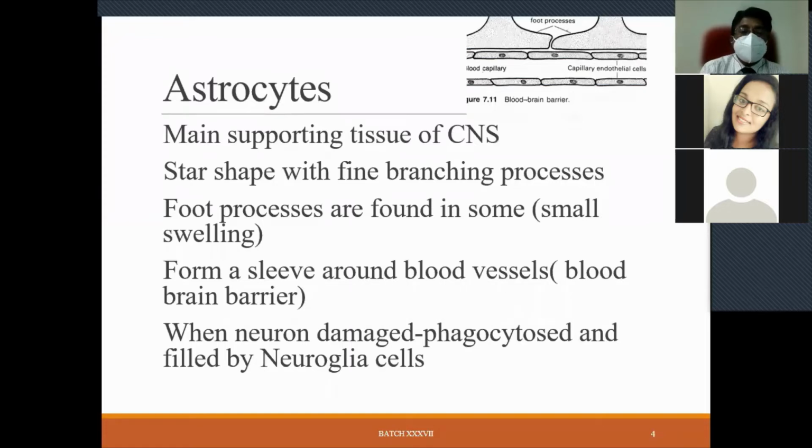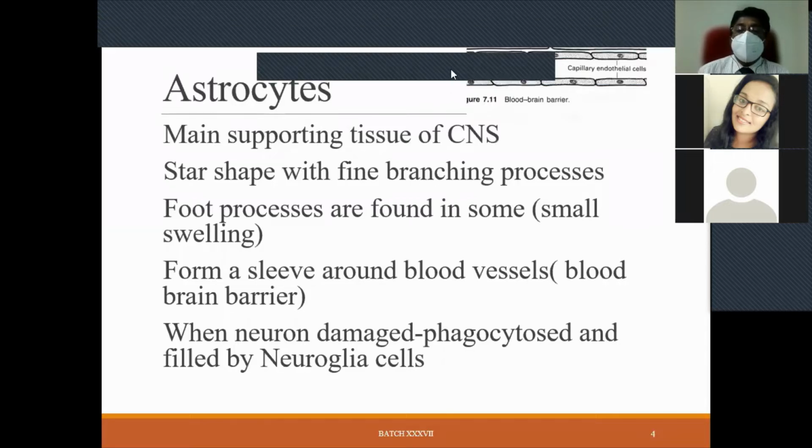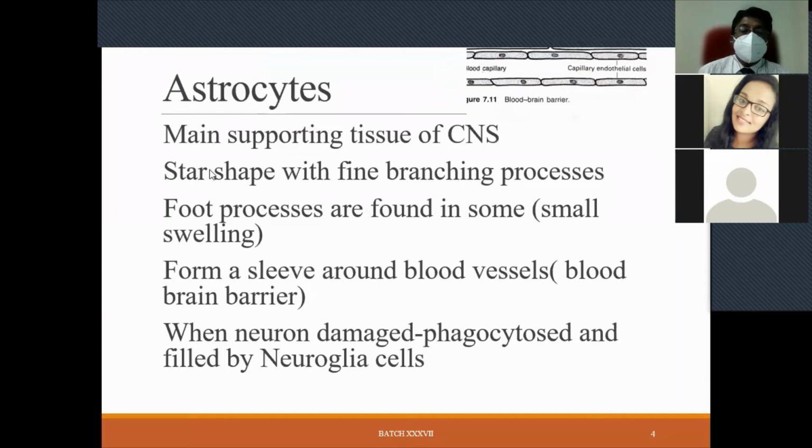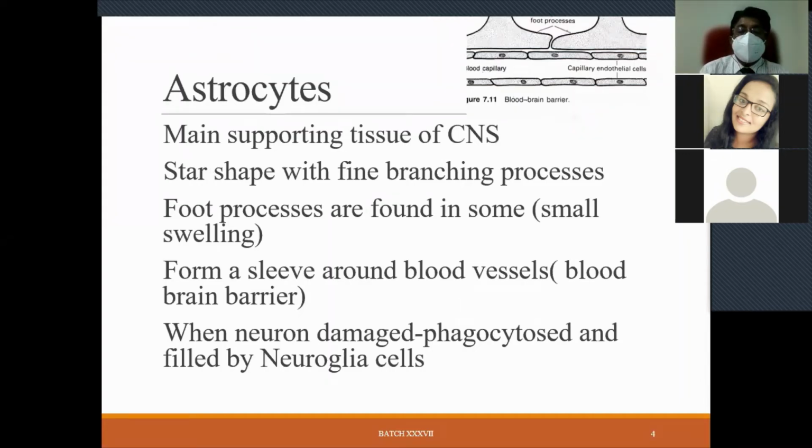Astrocytes are the main supporting tissues of the central nervous system, and the shape is star-like with fine branching processes. You know that a star has a body, and then the periphery is thin. So it has a similar shape, with fine branching processes.